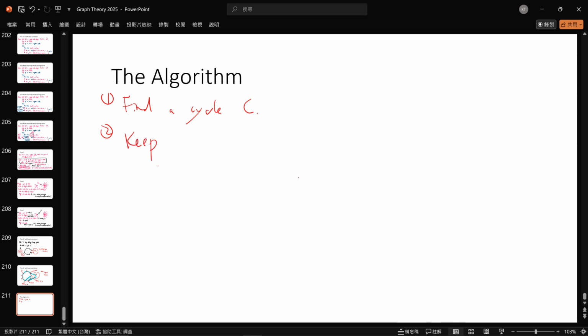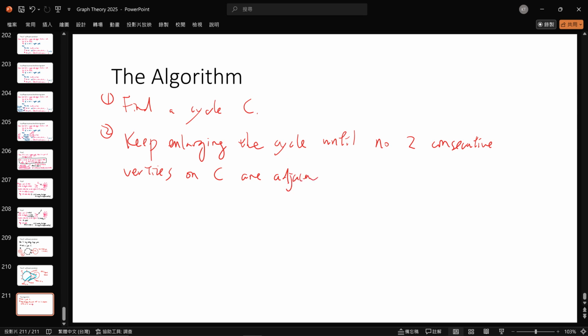So keep enlarging the cycle until no two consecutive vertices are adjacent to the same component of G minus C. Recall that the way we find U1 and U2 is by removing C from the graph and getting some component.